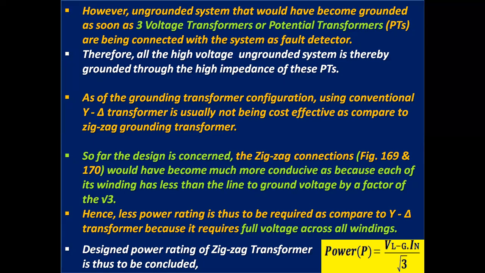Hence, less power rating is required as compared to a star delta transformer, because it requires full voltage across all windings. Design power rating of the zigzag transformer is thus concluded as power P equals V line to ground times I neutral divided by √3.